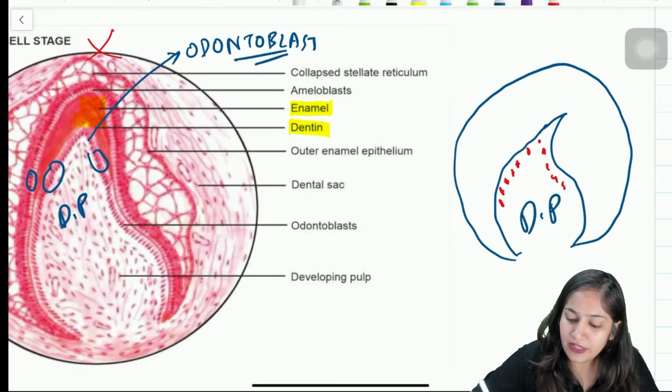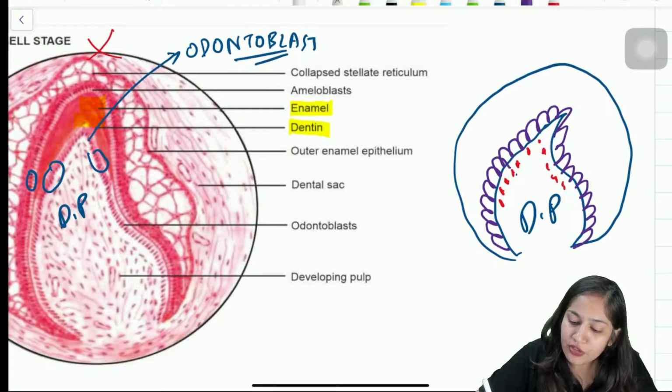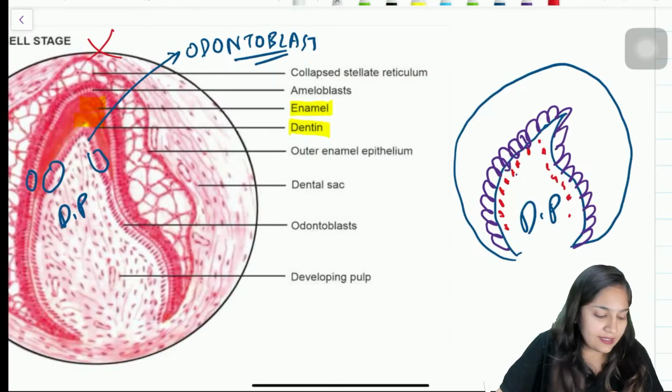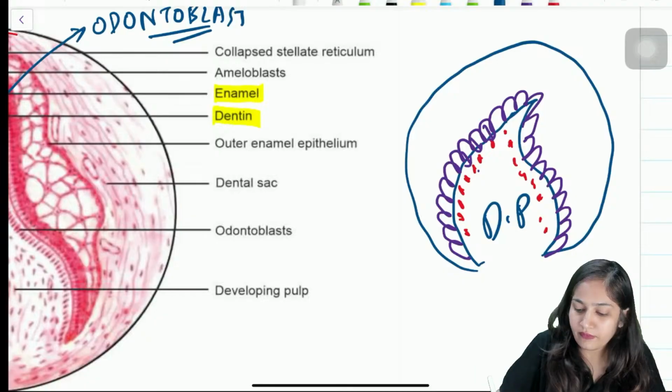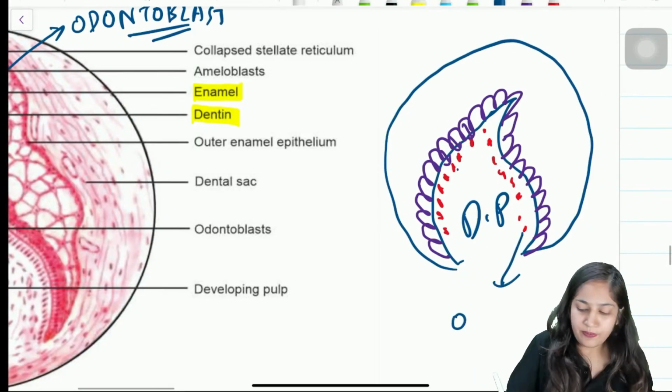And here we have our inner enamel epithelial cells, tall columnar cells. Under the influence of these tall columnar cells, dental papilla cells are differentiating into odontoblast cells. These red cells you can easily appreciate here. These are our odontoblast cells.